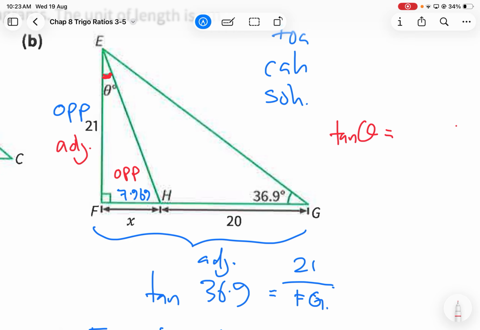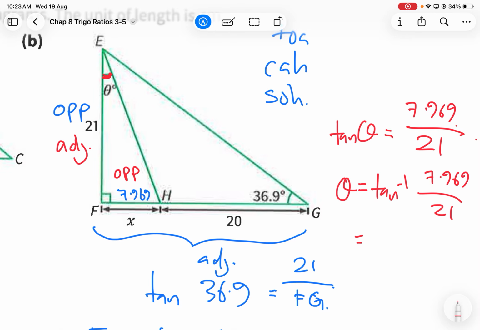Tangent theta is opposite, which is 7.969 over 21. Then I want to find the angle. I don't want the tangent. I remove the tangent by tangent inverse both sides. Then I press calculator. 20.8.